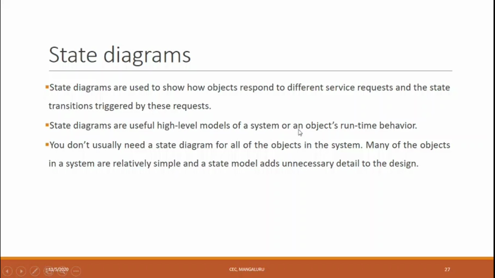When object models cannot be understood by the developer, state diagrams help a lot for better understanding. You do not usually need a state diagram for all the objects in the system, because many of the objects are relatively simple, and a state model adds unnecessary details to the design.